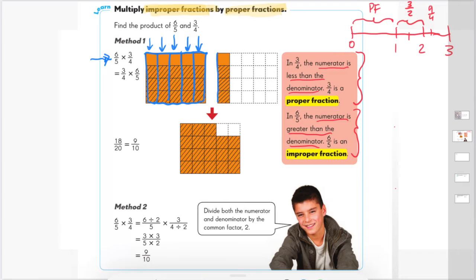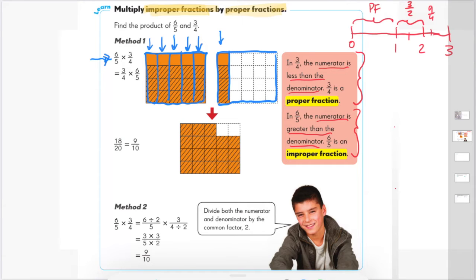And then we need another whole, because we need one more fifth to make 6/5. So we know we have a fraction greater than 1, 1 and 1/5 to be exact, but we're going to call it 6/5. And now we're going to take 3/4 of that.